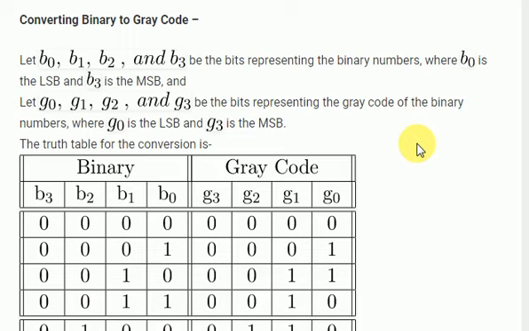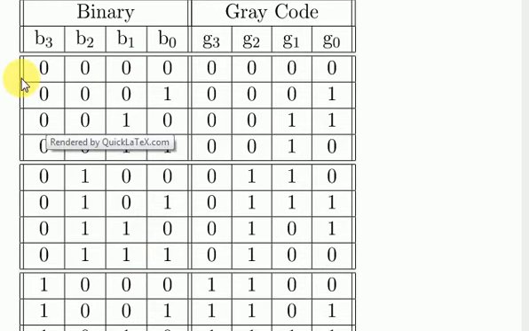So first of all we will see how we convert this 0 0 0 0 binary into the gray code. As I told before, the most significant bit will remain unchanged. We will write this 0, that is B3, unchanged, and it will take the place at G3.